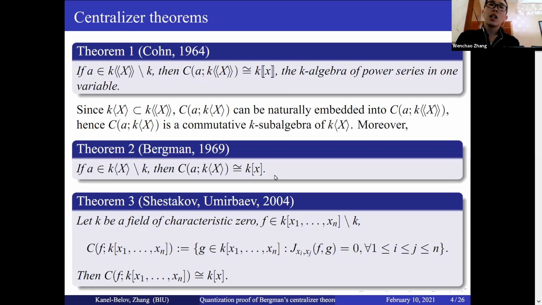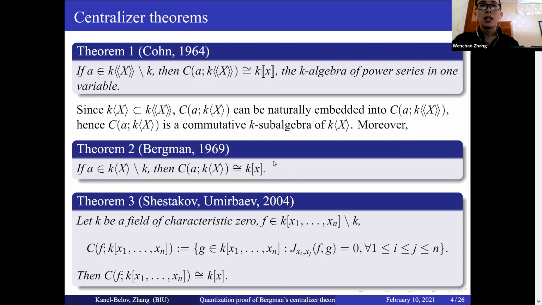For the original proof by Bergman, he developed some combinatorial and valuation ideas from Cohn, and the proof is somehow not easy to read.